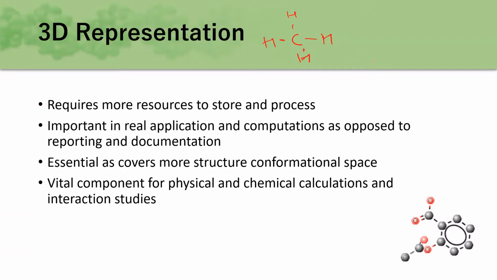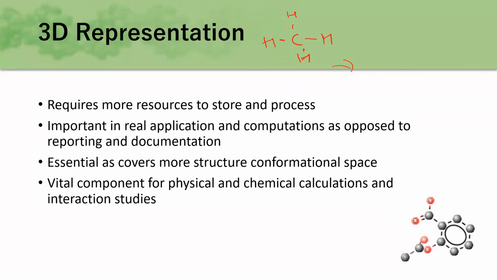From the books, we know that it is like that, but let's assume that we don't know what would be the 3D structure of this. So when we draw this structure on any software, and then ask it to convert it into its 3D form or find its best suitable 3D structure, the software has to undergo a process called energy minimization.